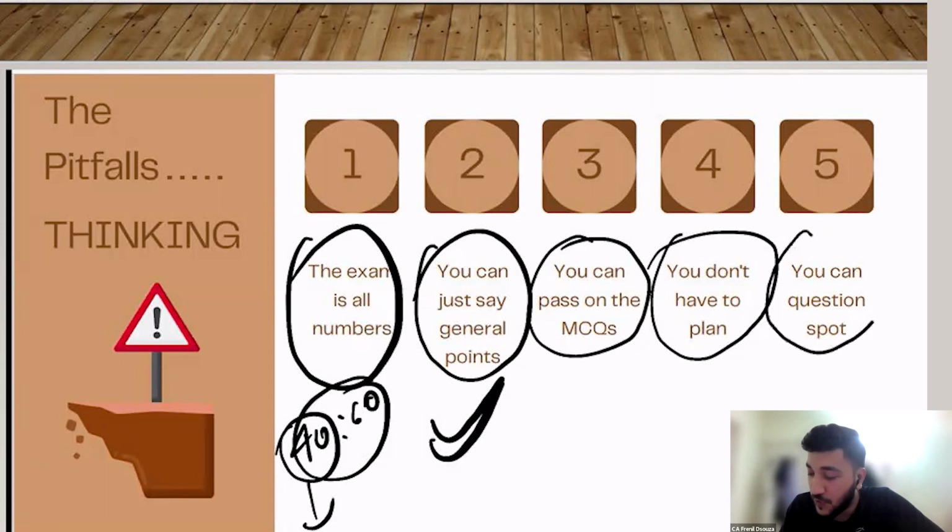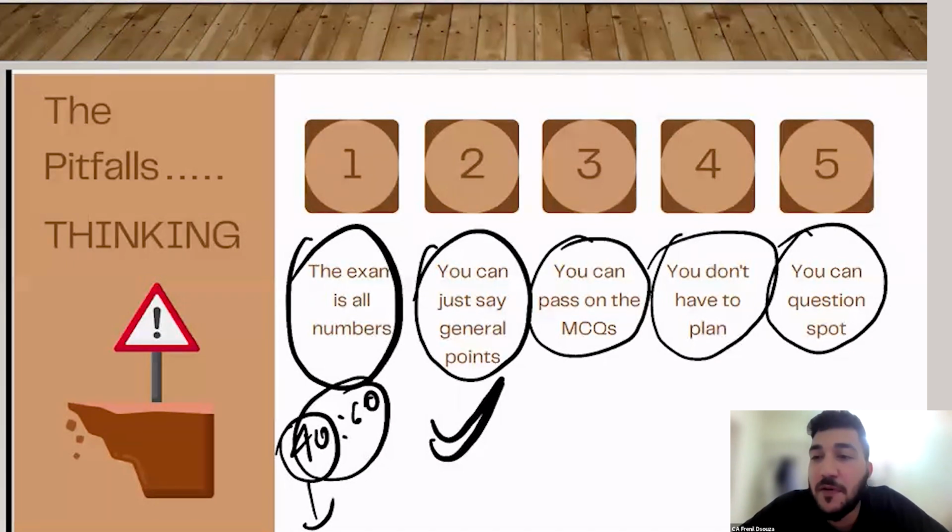And then you think you can question spot. What is question spotting? Question spotting is what you used to do in your BCom. Remember, take the last 3 years' question papers and start scouting, right? Oh, this question came over here, which means this question will not come the next time. So I have seen that there are totally 17 questions.